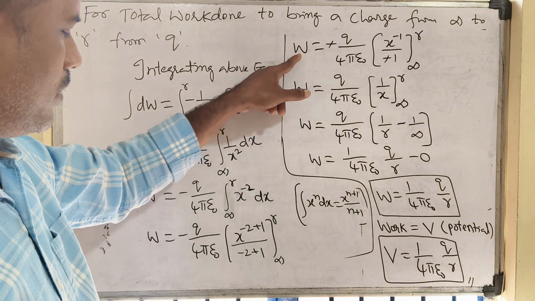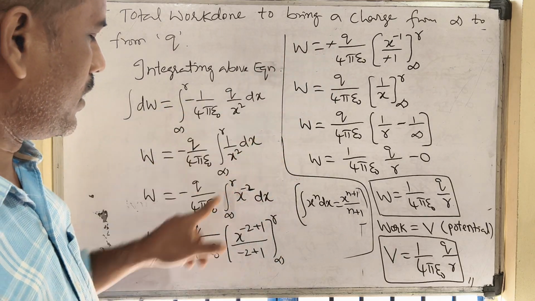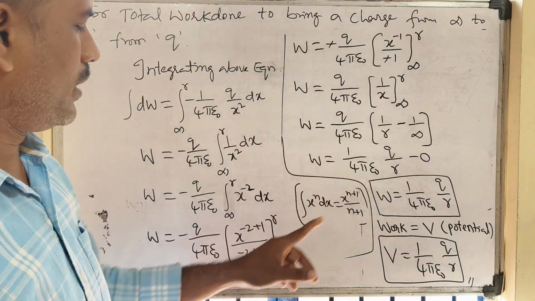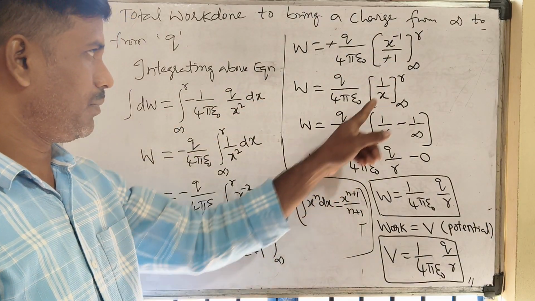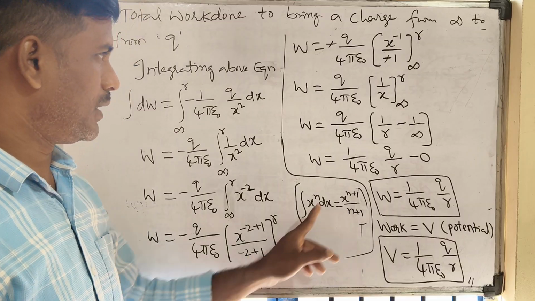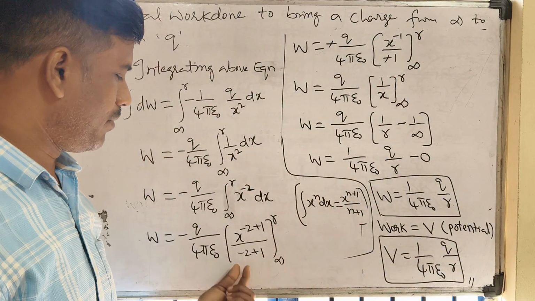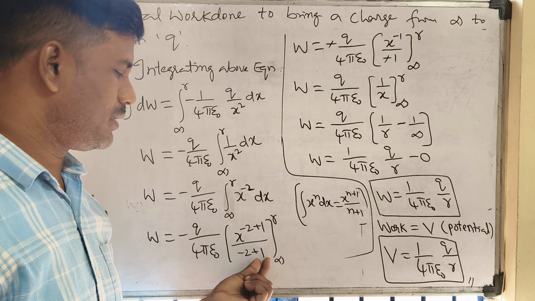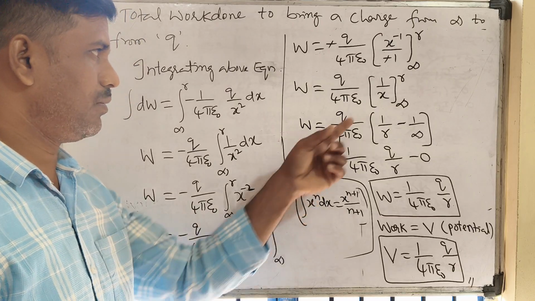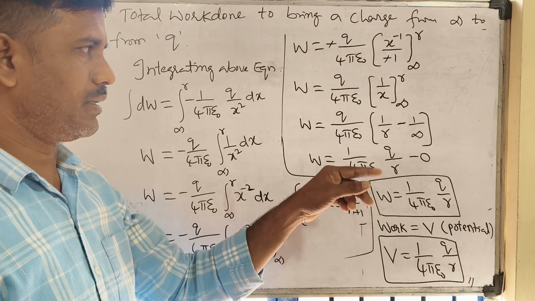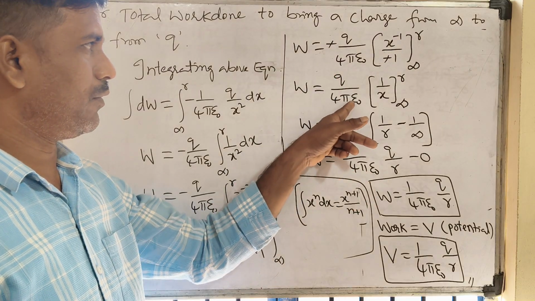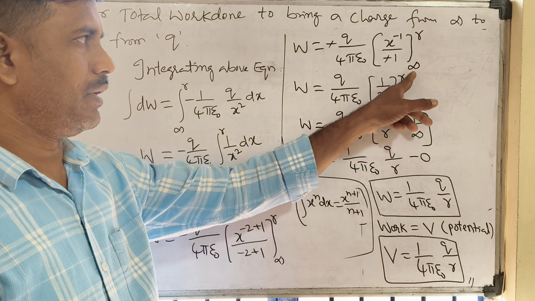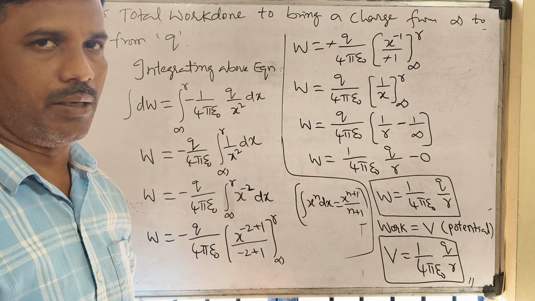So w is equal to minus q by 4 pi epsilon, bracket, x power minus 1, since minus 2 plus 1 is minus 1. The minus and minus cancel, so w is equal to q by 4 pi epsilon, x power minus 1 written as 1 by x, with limits infinity to r.